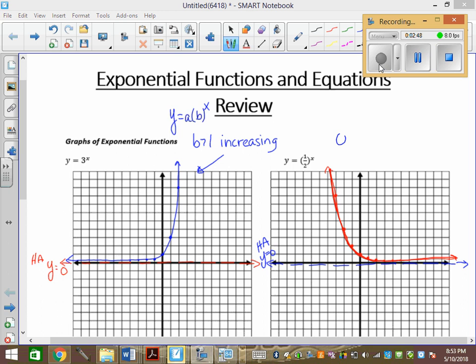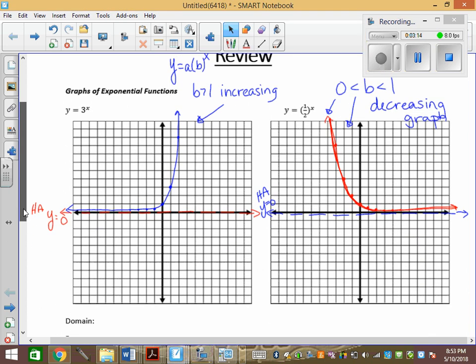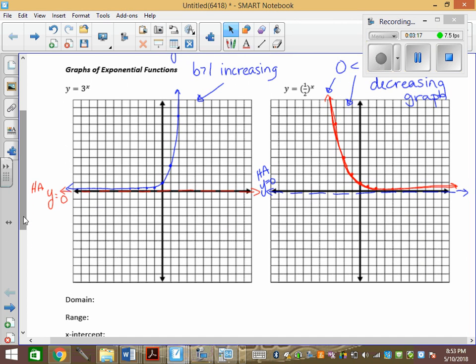If b is between 0 and 1, (b can never be negative and it can never be 1; if it's just 1, then it's not increasing nor decreasing) you get a decreasing graph. Now that can change to an increasing graph if we reflect it in the x-axis. That red graph here, this really bad one I drew, would end up being an increasing graph. Okay, so those are just base functions, no transformations on it.